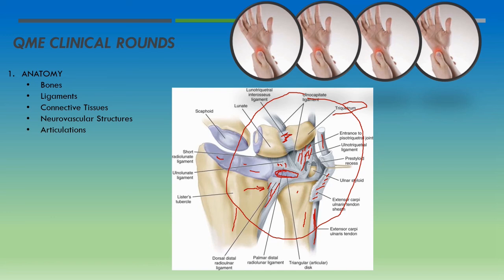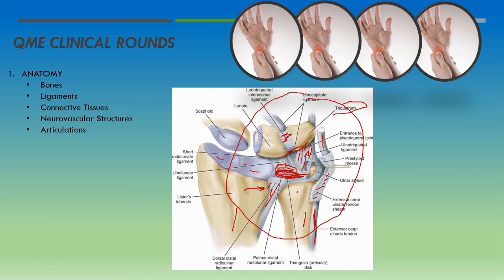Some individuals have a very thin triangular disc, whereas other individuals have a much thicker and more space-occupying triangular disc, because as you'll notice, the space between the distal aspect of the ulna and the proximal row of carpal bones here is all soft and connective tissues, consisting of ligamentous tissue and then this articular fibrocartilaginous disc.